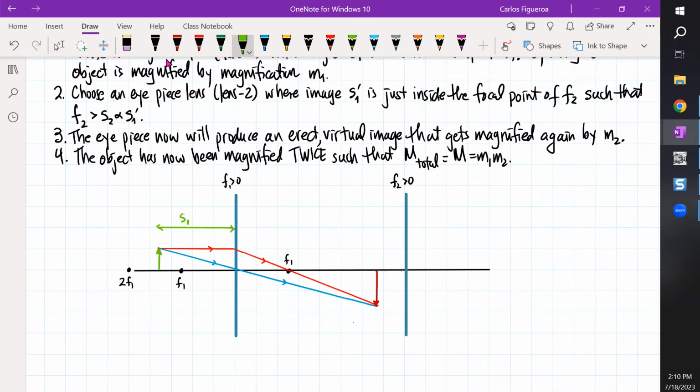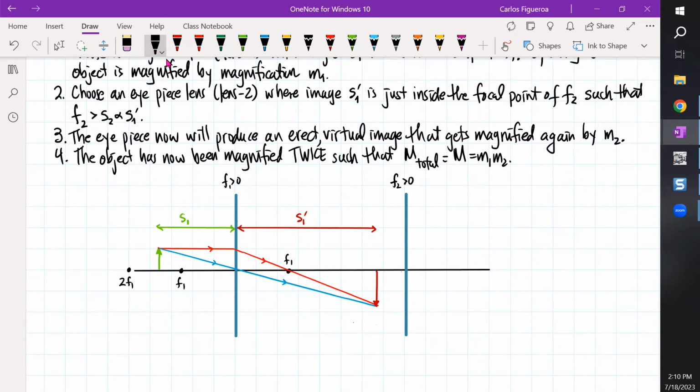This is S1, that's my first object. Then I have my image distance, which is S1 prime. It goes from here to there. And this is S1 prime.